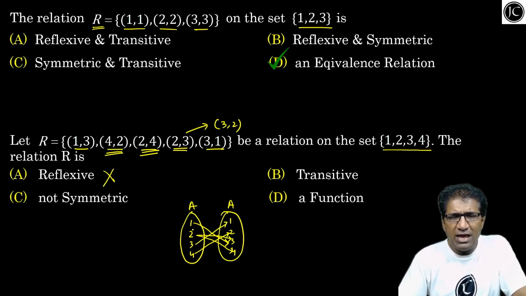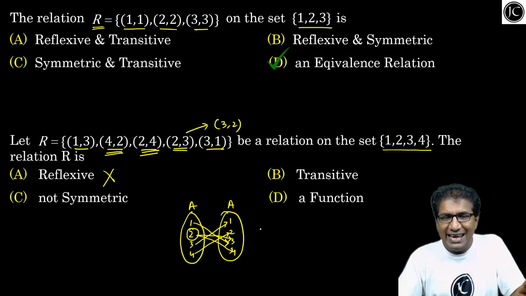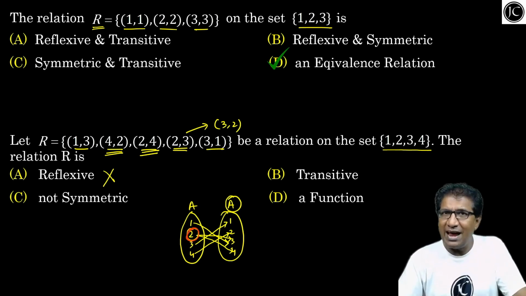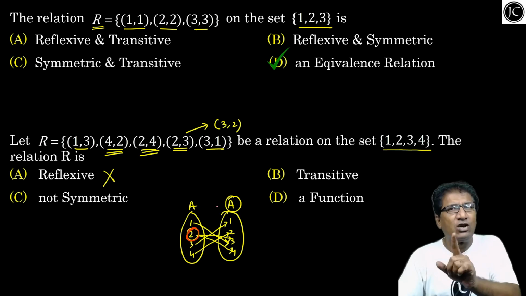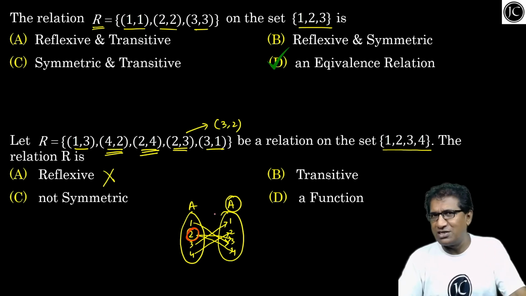Now observe carefully, your element 2 has two images in set A. I mean, we have two images of the element 2, right? Which violates the condition of a function. Hence, it is not a function.